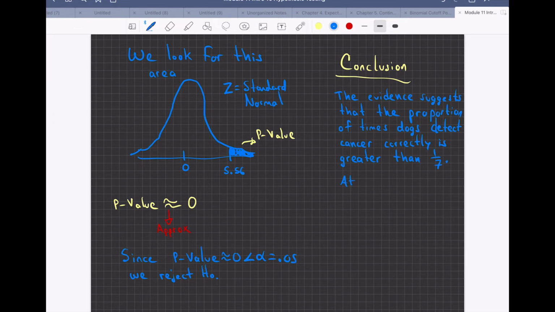And then always, after you have written your conclusion, always state the level of significance at 0.05 or 5% of significance.